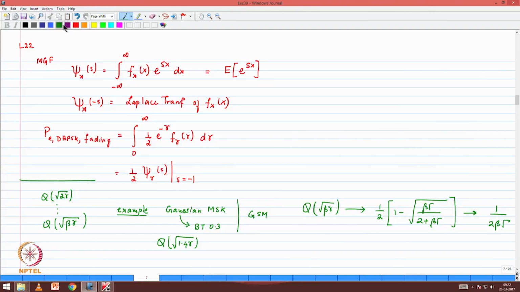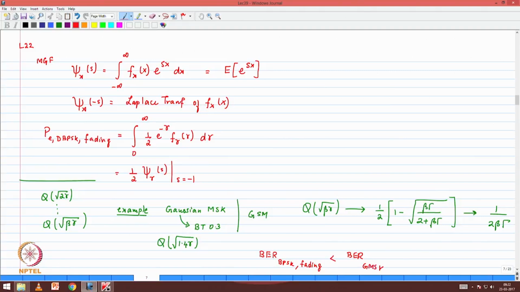And using these observations, we made the following claim: the BER of coherent BPSK in fading is less than the BER of GMSK.